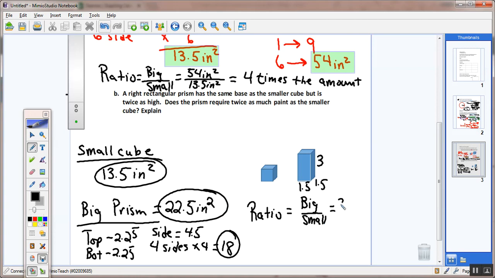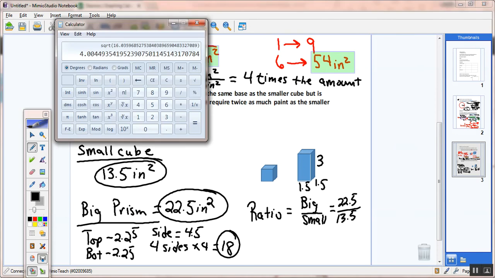Okay. How about for the little cube? What's the area there? What was the area of the little cube, kids? Okay. Let's see. If I take 22.5, the ratio I get is 1.6 repeating. So am I using twice as much paint or not? No, you're only using 1.6 times that, okay?